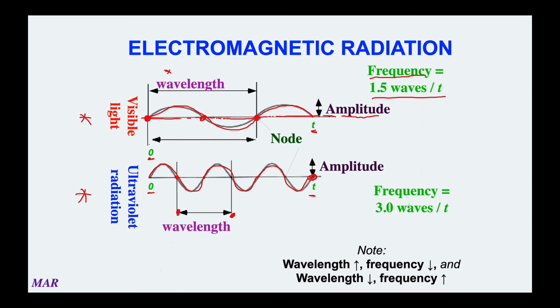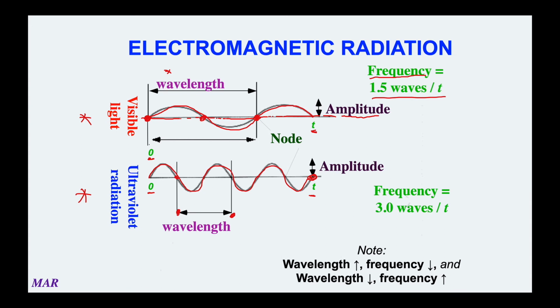So notice that one thing that distinguishes visible light, which is what we see, versus ultraviolet light, which gives us sunburn if we stay in the sun too long, is that they have different frequencies. Ultraviolet has a higher frequency, more waves per unit time than visible light does. But also, if you look at the wavelengths, and assuming this is a comparable scale, visible light has a longer wavelength and ultraviolet has a shorter wavelength.